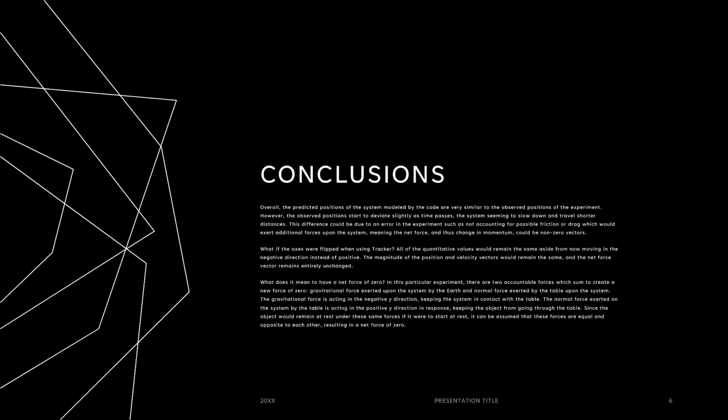The gravitational force acting is in the negative y direction, and the normal force exerted by the table onto the system is in the positive y direction in response, keeping the object in place, since the object would otherwise remain at rest if it were to start at rest under these same forces. It can be assumed that these forces are equal and opposite to each other, resulting again in a net force of 0.